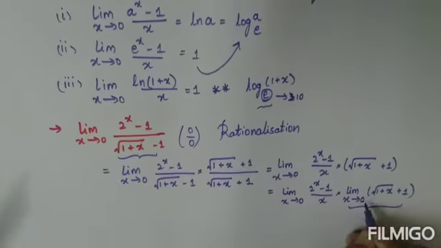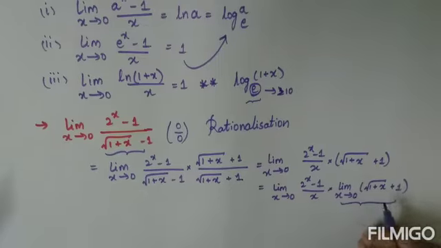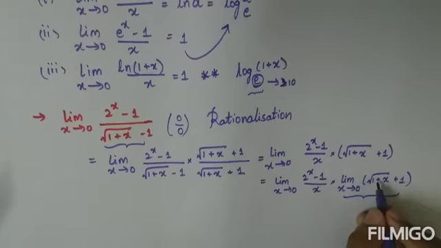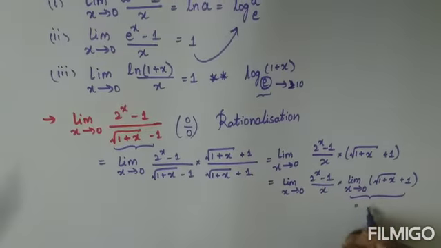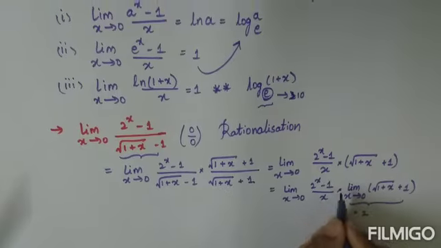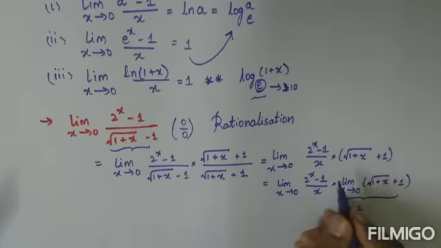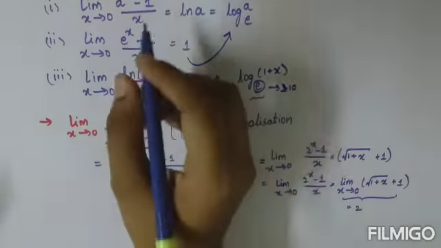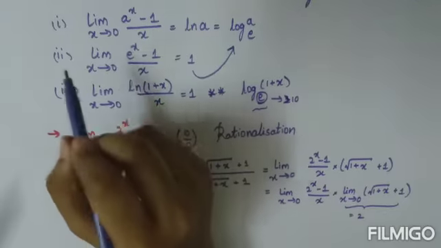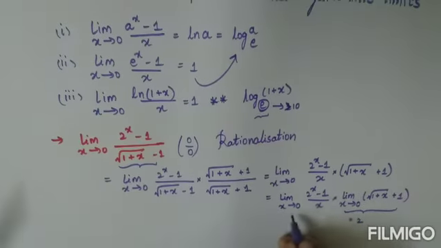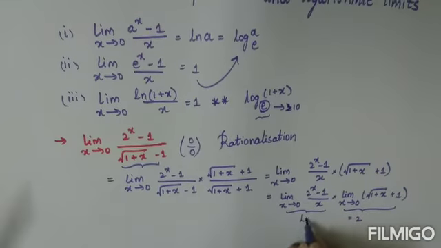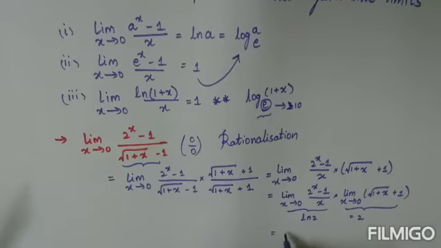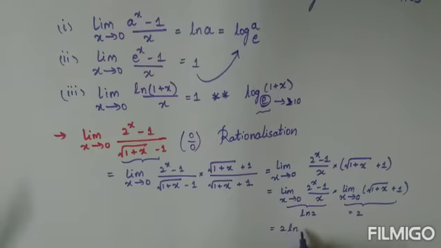For this one, if we directly substitute, we get 1 plus 0, 1 plus 1, so we get 2. And if we substitute 0 in the other, we get 0 by 0 form, but we have seen how to evaluate such exponential limits. So this value is ln 2. Finally, we get the answer as 2 ln 2.